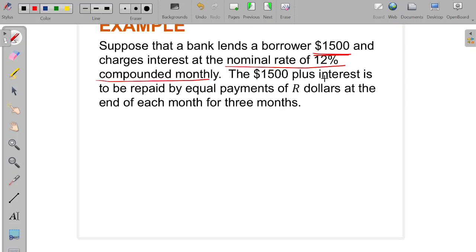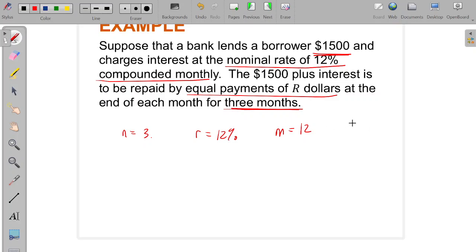The $1,500 plus interest is to be repaid by equal payments of R dollars at the end of each month for 3 months. Here our N is 3. We are not multiplying by anything because they just gave us 3 months. Now, our rate is 12%. Our M, because we are compounding monthly, is 12.